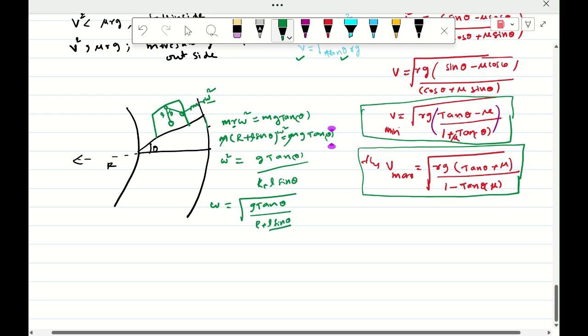L sin theta is the radius of only the particle's horizontal circle, but this is on a track of radius R, therefore the total radius of the particle is R plus L sin theta. So like this, models are there. Thank you everybody.